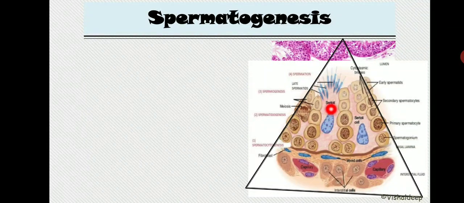This entire thing is the Sertoli cell, and in between these two Sertoli cells there are germ cells, the spermatogonia. The most basal cell over here is a spermatogonium. Then it will divide and be pushed further inside the lumen. It first becomes the primary spermatocyte, then the secondary spermatocyte, then spermatid, and eventually becomes an actual sperm-looking structure.